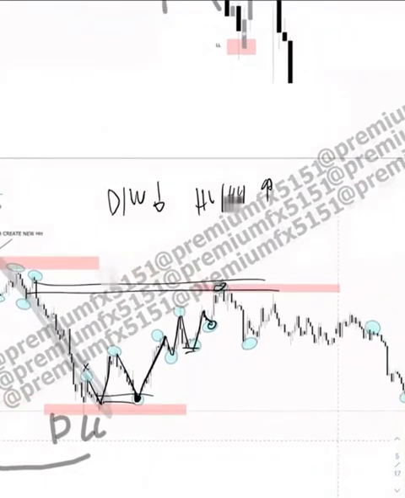My last lower high, that higher low that created my last higher high, broke structure. Okay, everything that goes inside is a complex pullback.